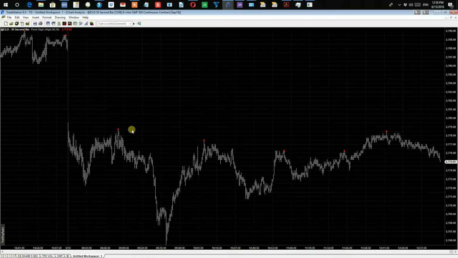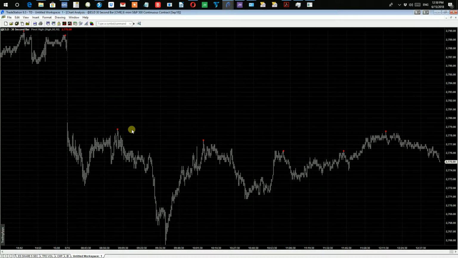But the question becomes, well, what is it that we're really trying to display? If we're trying to read the trend, then we don't need to use a right strength that is very fast. We can use a right strength that is equal to our left strength, whatever that happens to be.